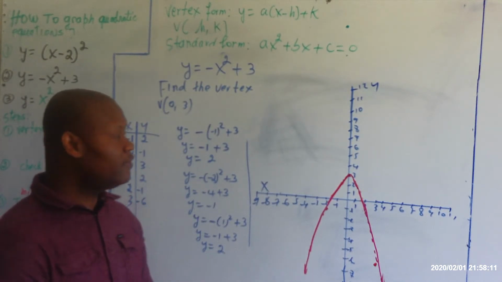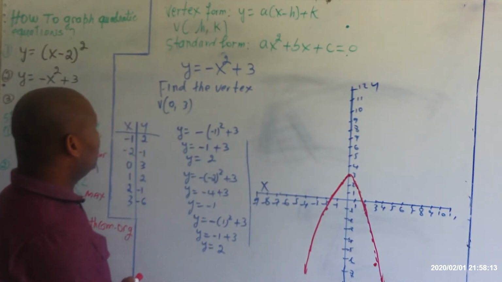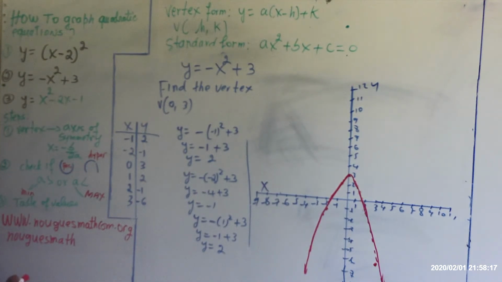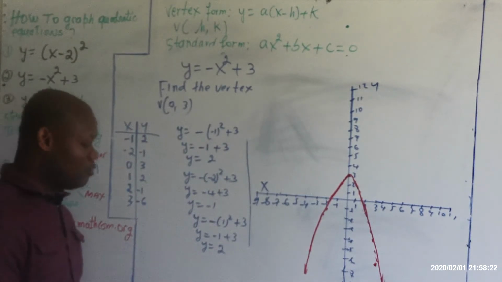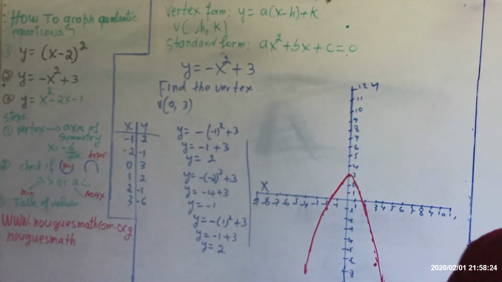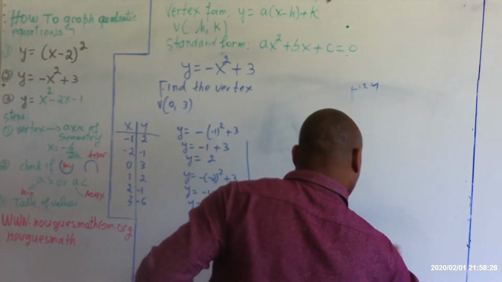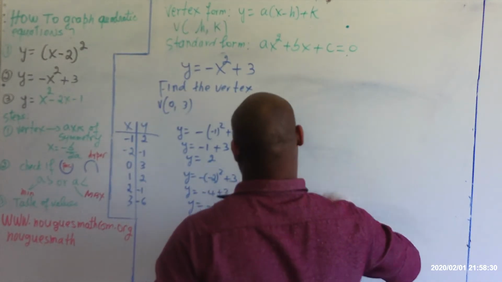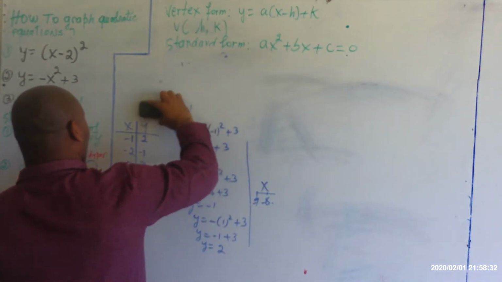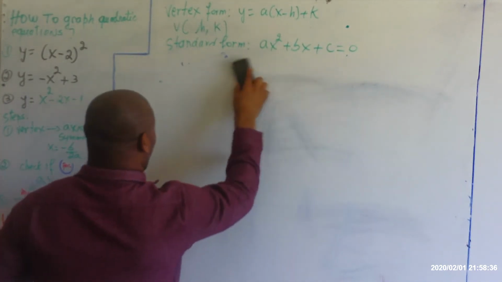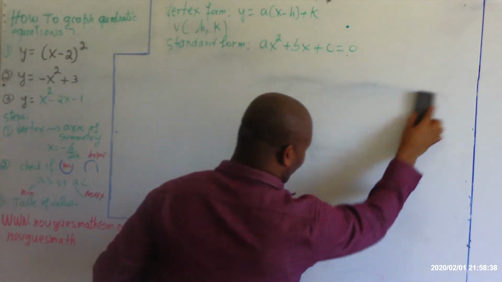So now I believe you understand how to graph a quadratic equation in vertex form. That's not difficult if you follow the procedure. So I'm going to graph the last equation for you in standard form.